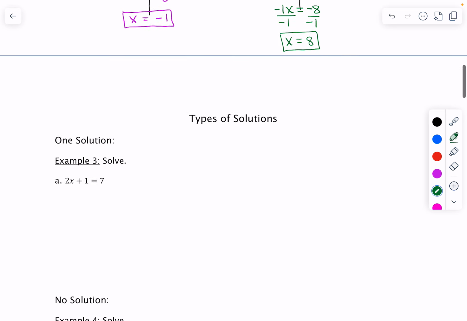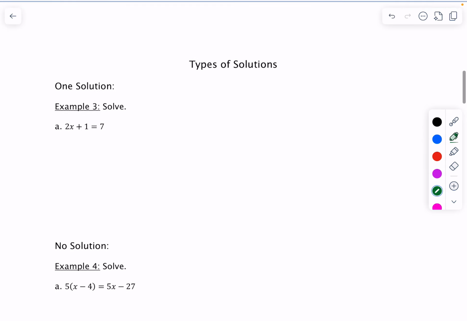The next thing I want to talk about are different types of solutions. So normally, in a lot of the problems you've done, you get one solution. So one solution is saying that the variable equals just one value. That's what we've been doing so far.